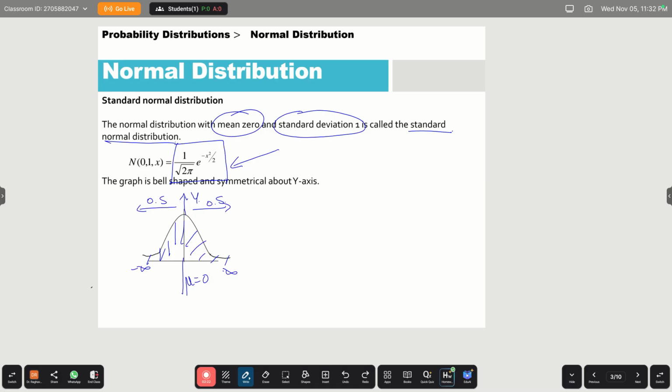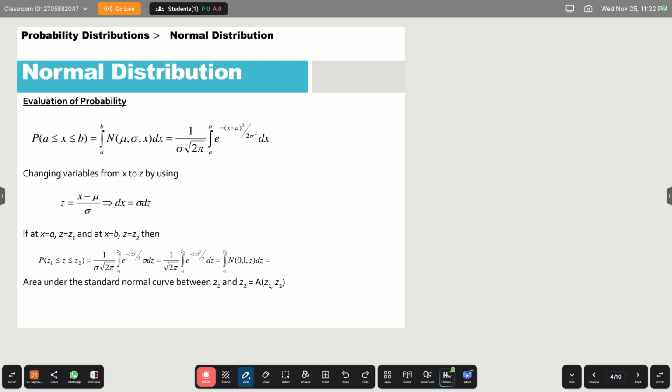Now the evaluation of probabilities. Suppose under normal distribution, you need to evaluate the probability that x lies between a and b. So first thing, you need to convert this to standard normal distribution.